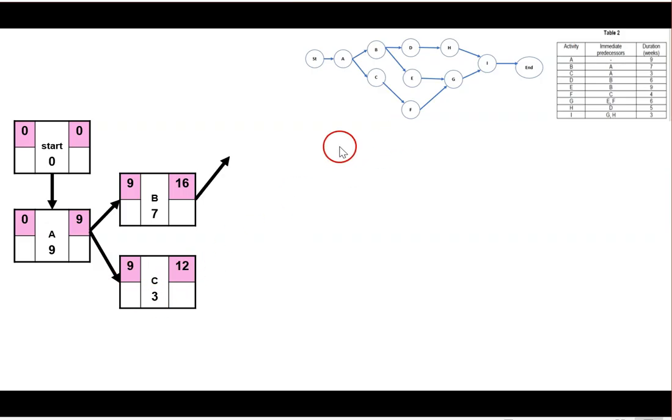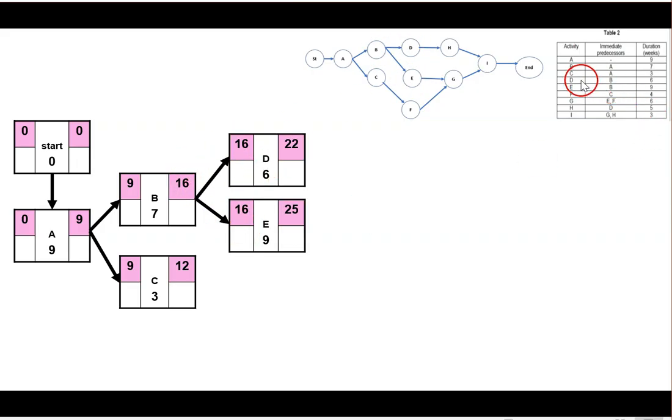Okay, let's do B. B going to D and E. D is 6, E is 9. Bring 16 here and 16 here. So 16 plus 6 is 22, and 16 plus 9 is 25.